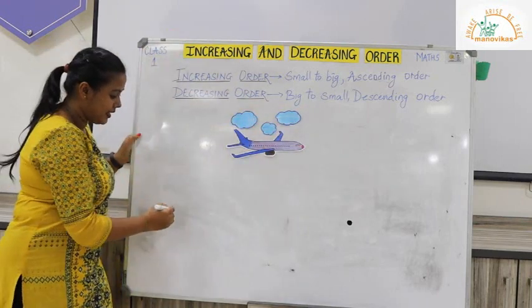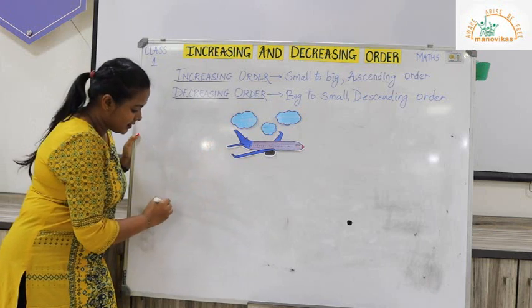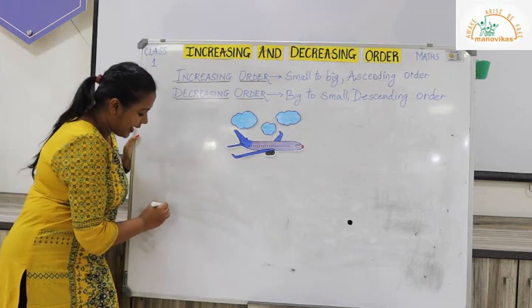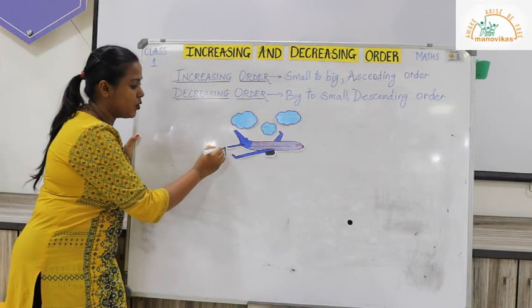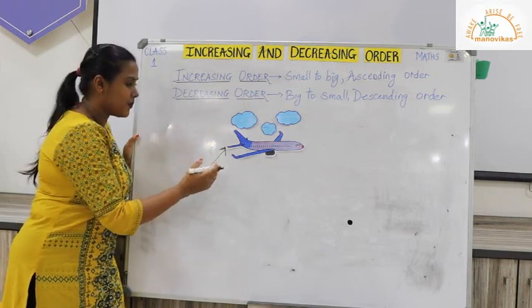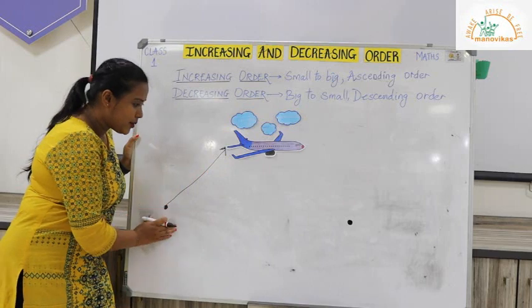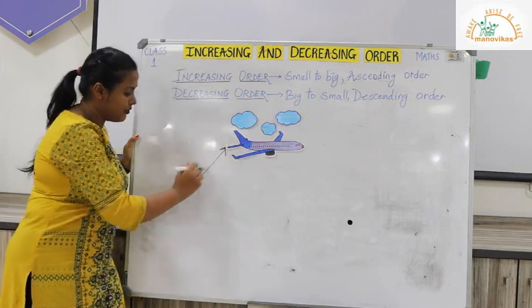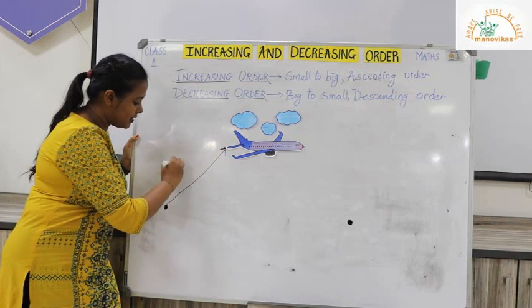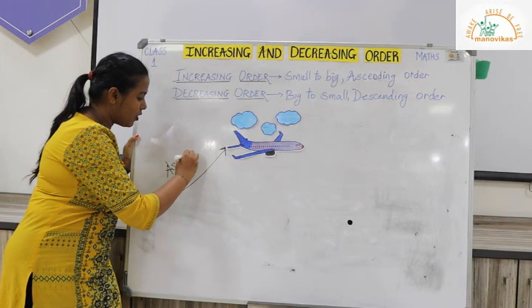So here you can see, the plane was right here and it moved to a higher level, that is, it moved towards the sky. So as the plane goes from the lower level to a higher level, it is called the ascending order.